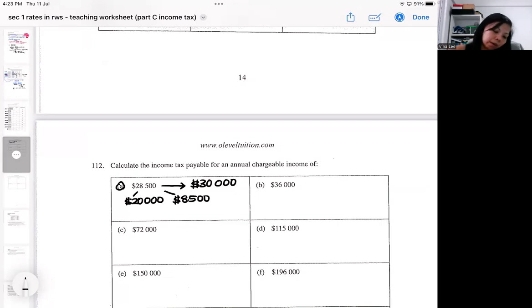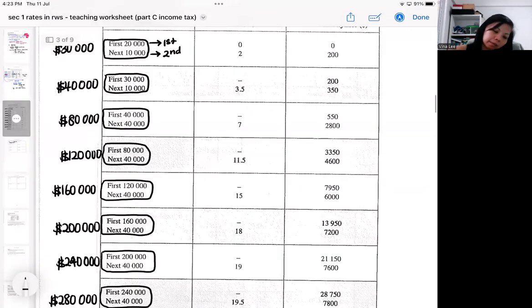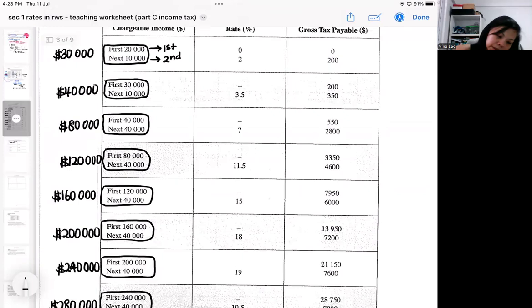And then for the first basket, the tax is 0. So the government decided not to tax. For the first basket, there's no tax. For the second basket, it will be 2%, so 2% until a maximum of 200.